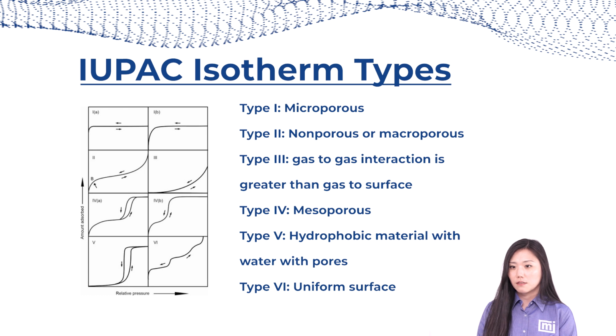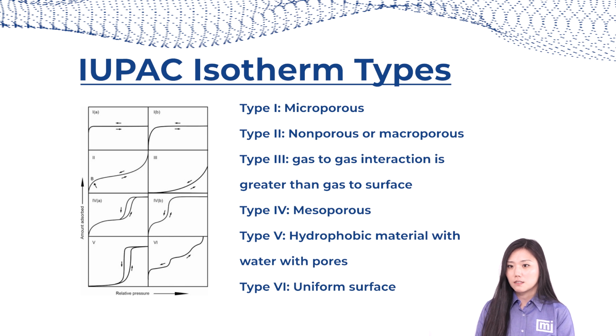First, the type 1 isotherms are the characteristics of the microporous materials. Type 2 is the non-porous or macroporous materials. And we see type 3 isotherm when the gas-to-gas interaction is greater than the gas-to-surface interaction. Type 4 is a characteristic of mesoporous materials.